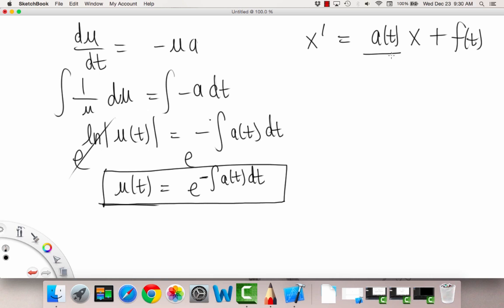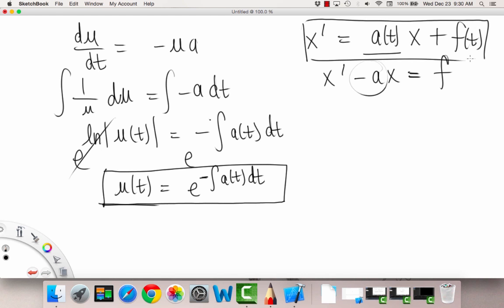Like if you subtract it over to the left side and have x prime minus a times x is equal to f, then it won't be so easy to detect your a because you have this negative sign in front. And right now it's easy because you can say, well, it's minus a, so you just take this part. But when you actually have variables and numbers and things in there, it gets a little bit trickier. So make sure you're in this form when you identify your a of t, okay?